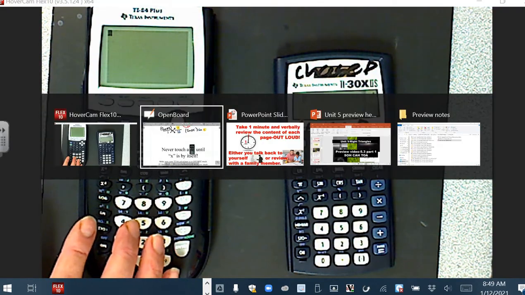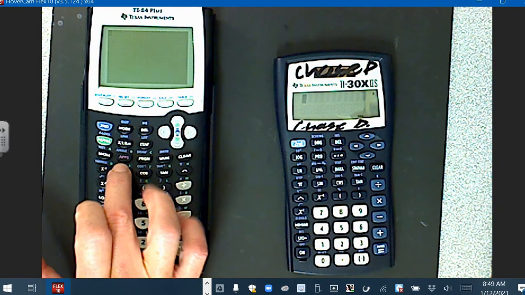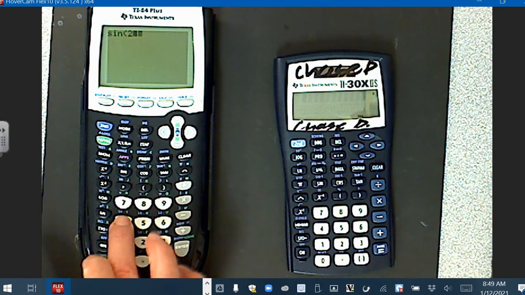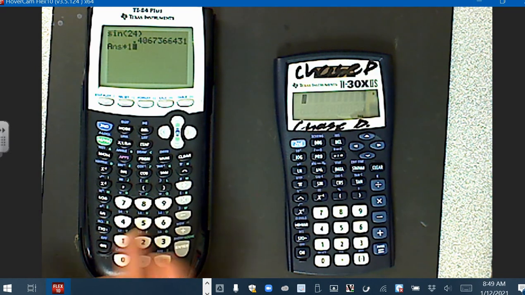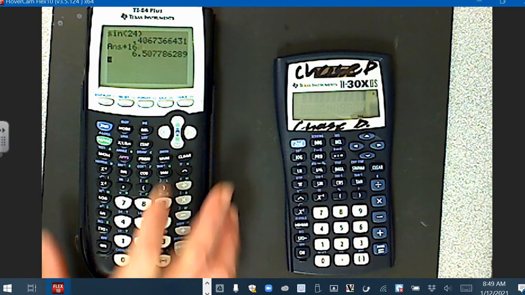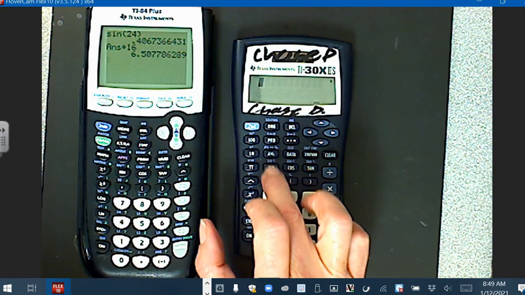So right here, take a look. We're doing sine of 24 times 16. Watch carefully. Sine 24, close the parentheses, hit enter. Times 16, enter. Smaller calculator, watch carefully.